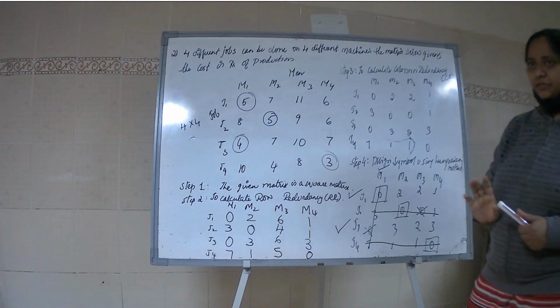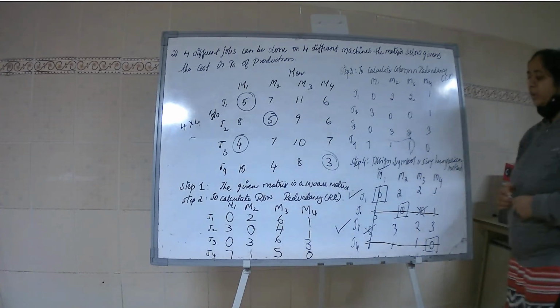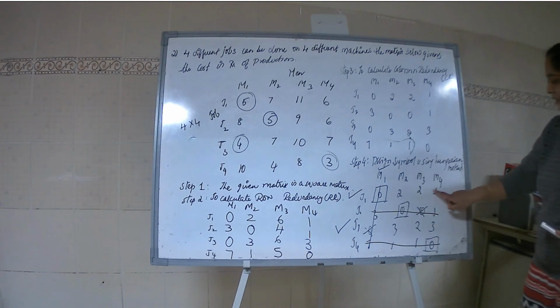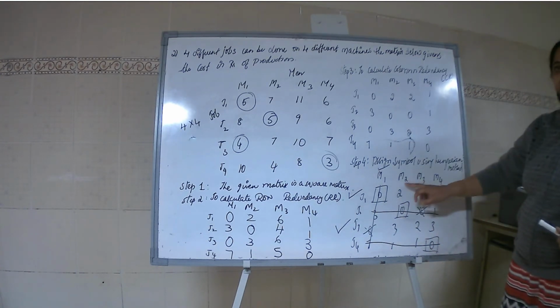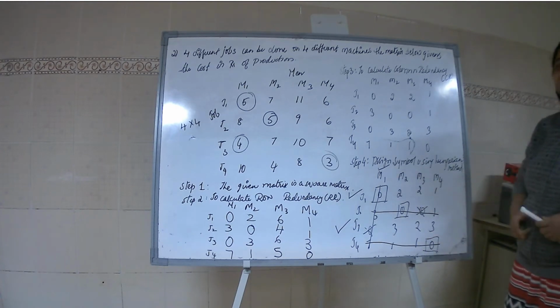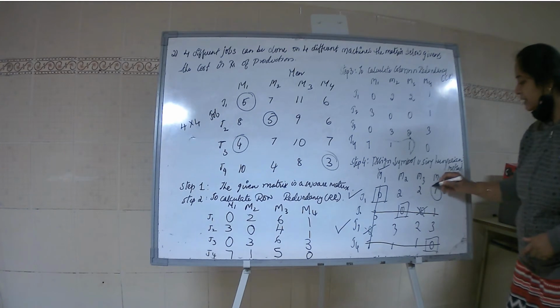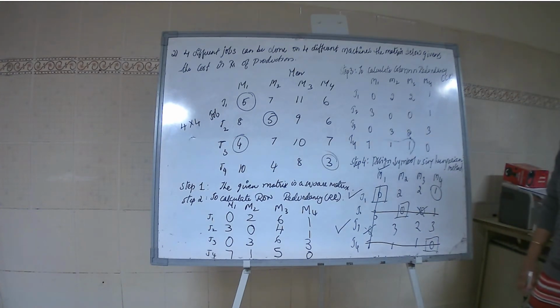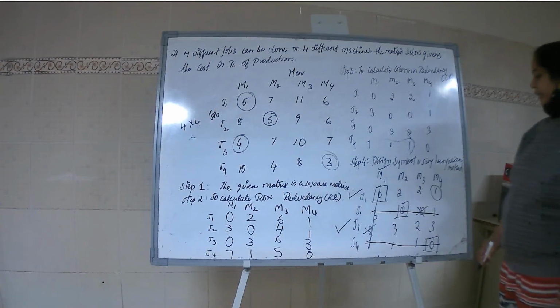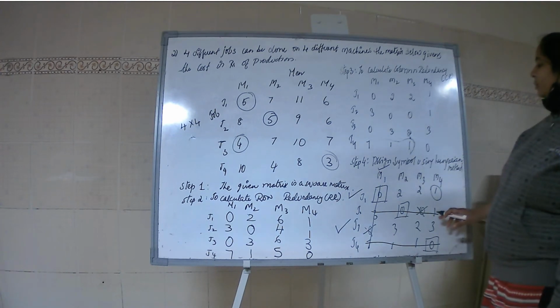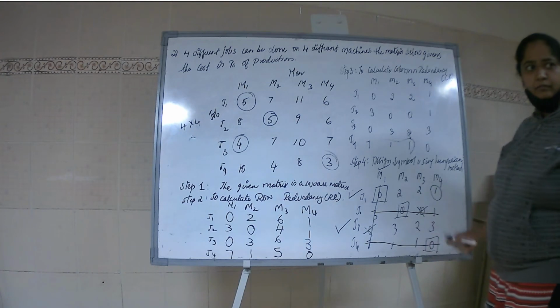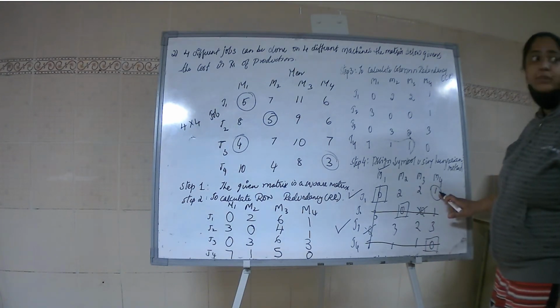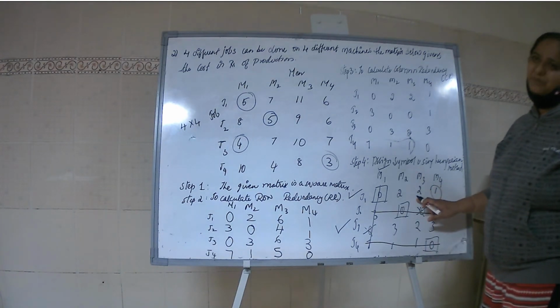Still it did not finish. Still there is one more point to remember, students. In this matrix, the leftover values are there. In this you have to check which is the minimum value. Here 1 is the minimum value. So wherever there is no strike, you have to subtract the minimum value.